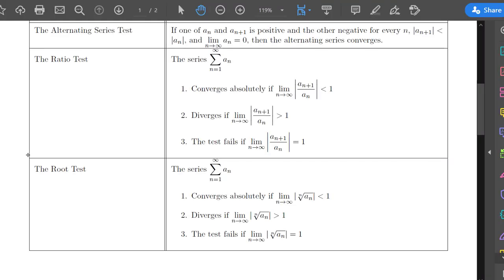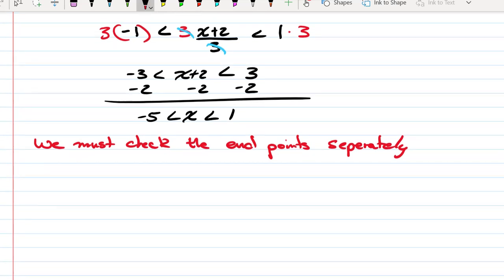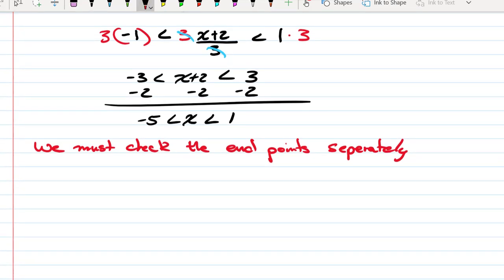Well, if we go back to our sheet, what happens when either the ratio test or the root test limit equals 1, we'll notice that that's choice 3 on this. It says that the test fails, so we have to use a different test. So that's why we're always doing when it's less than 1. When it equals 1, the series may converge or it may diverge. We don't know.